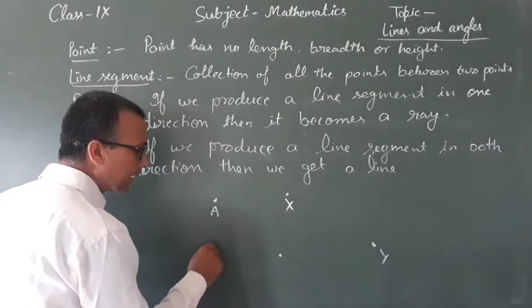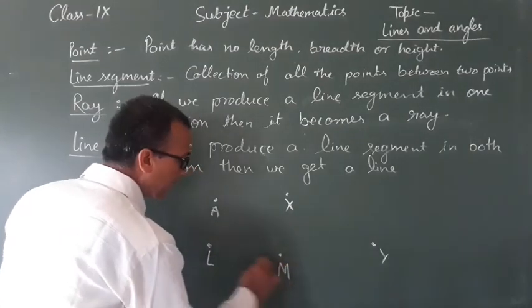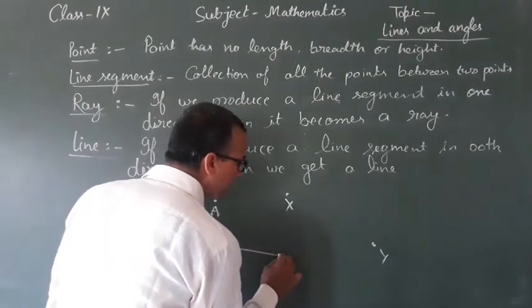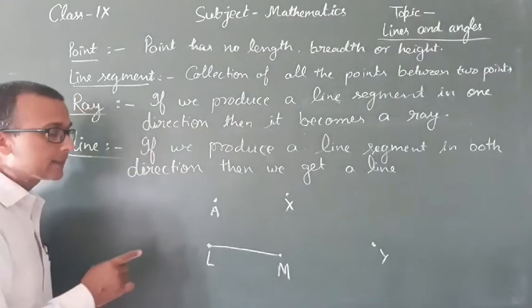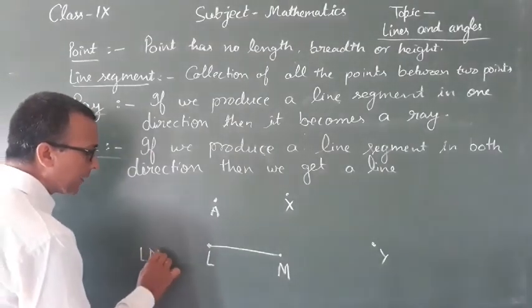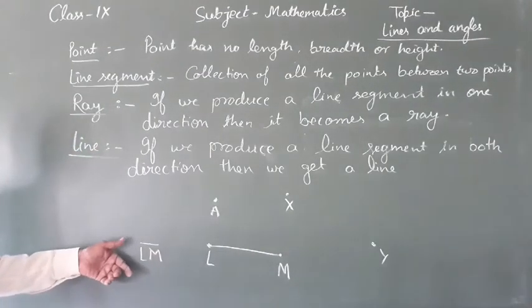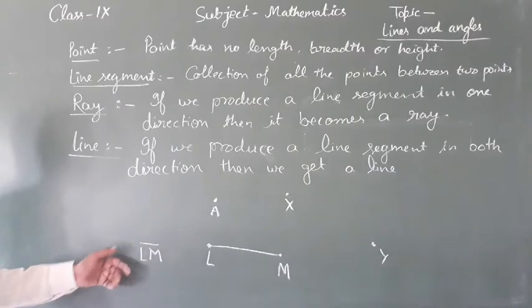Suppose it is point L and point M, and the collection of all the points between them is called a line segment. So we can say LM is a line segment and it is shown by this notation.